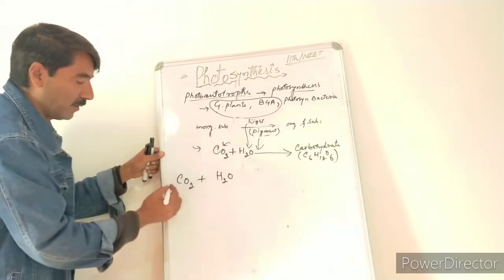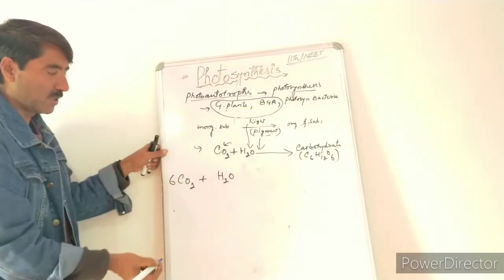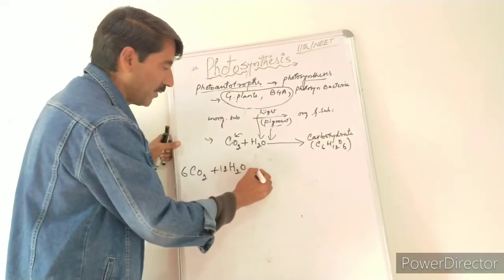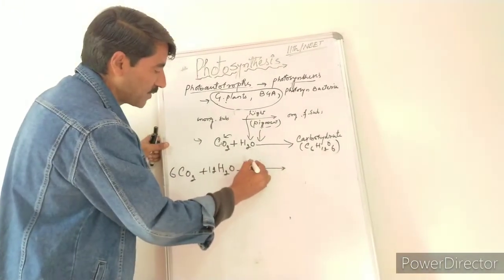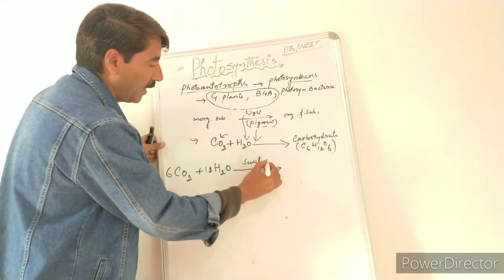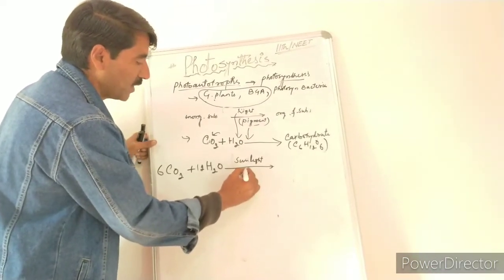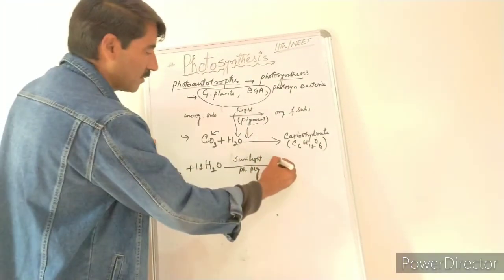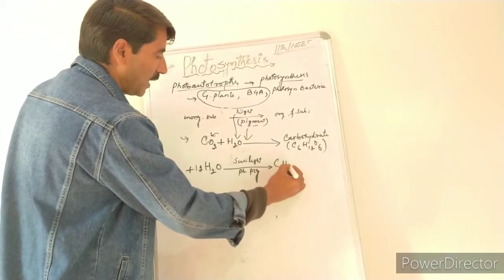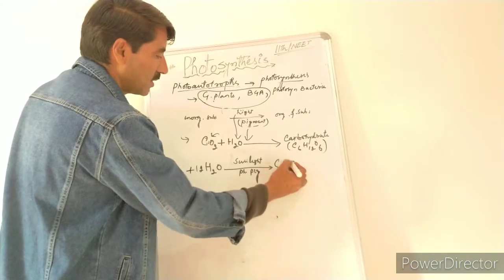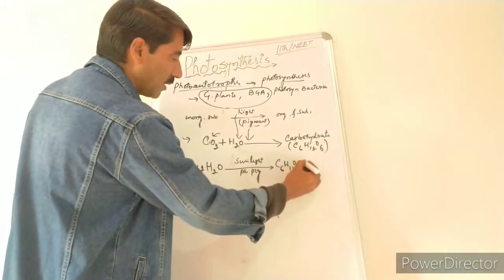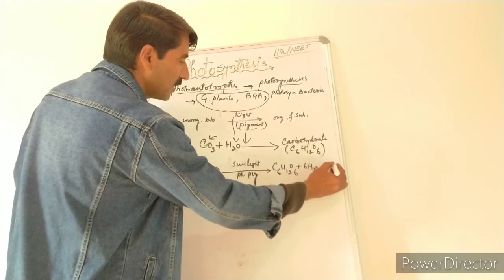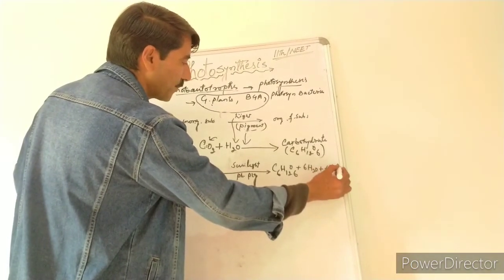It has now been found that 6 molecules of carbon dioxide combine with 12 molecules of water, and in presence of sunlight and photosynthetic pigments, it produces the carbohydrate glucose, C6H12O6, giving back 6 molecules of water and liberating 6 molecules of oxygen.